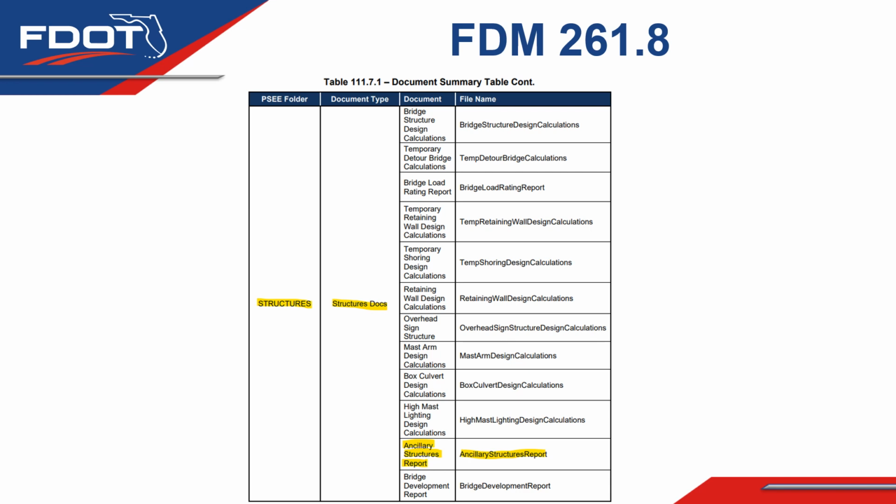So in table 111.7.1, we've also added this structure and document naming convention. So please make sure that the ancillary structures report is placed in the correct location within PSEE with the correct file name and folder structure.